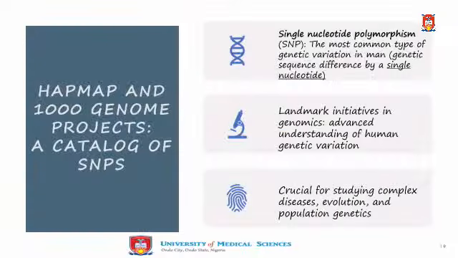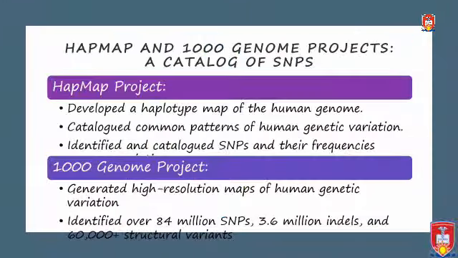So the HapMap and the 1,000 Genomes, like I mentioned, were landmark projects, and they help us to understand more about our genes and how they vary from one person to the other, or how the genes affect diseases. If you have a certain variation in a gene, it may make you more susceptible to a disease or not. So this is just an example of the HapMap project and the 1,000 Genomes.